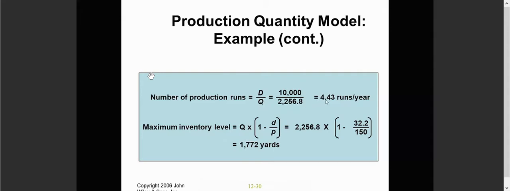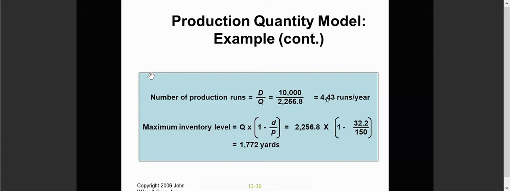Kita akan dapat 4.43. So the number of production runs here is annual demand divided by optimum batch size. So we have 4.43 runs.